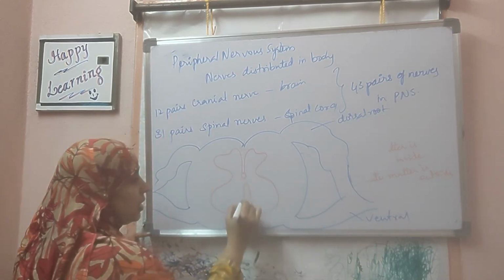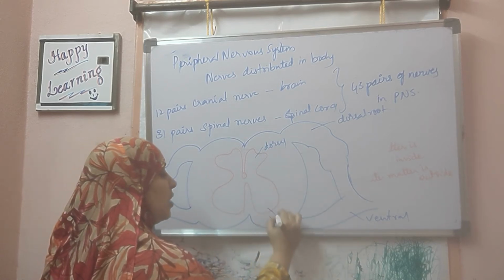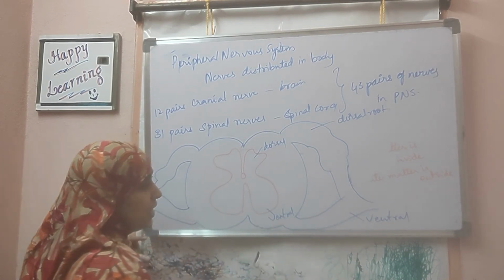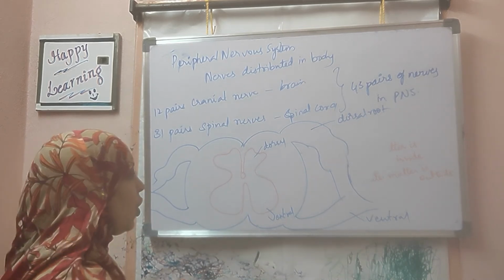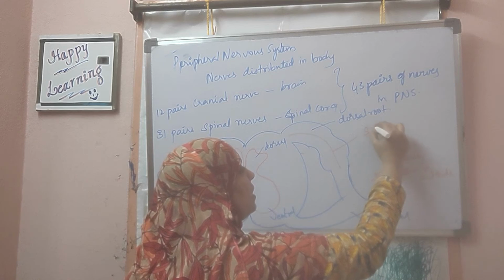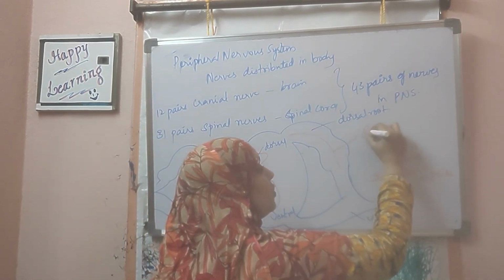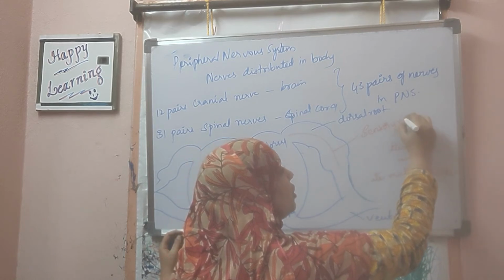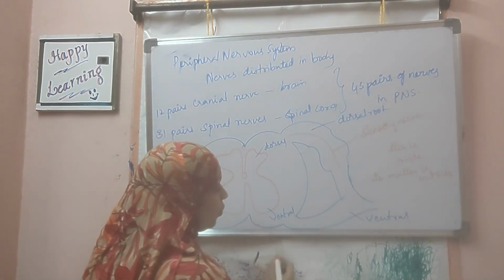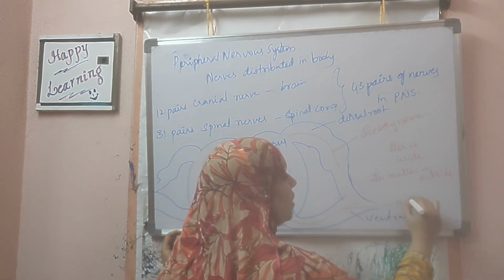In the dorsal root, sensory nerves are distributed, and in the ventral root all the motor nerves are distributed.